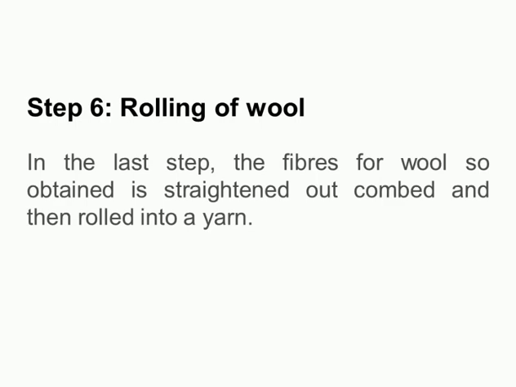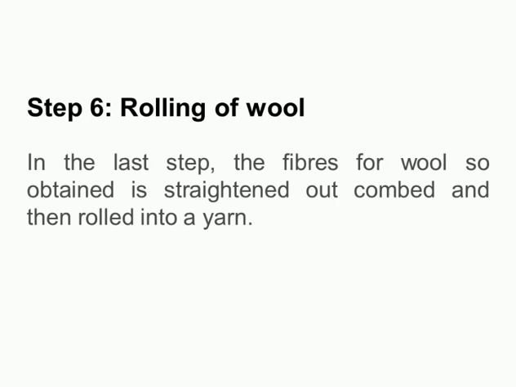Now, the final step, the sixth step, is known as rolling of wool. In the last step, the fibers of wool so obtained are straightened, combed, and then rolled into yarn. We have already studied how we make yarn. We take the fibers and we twist them.